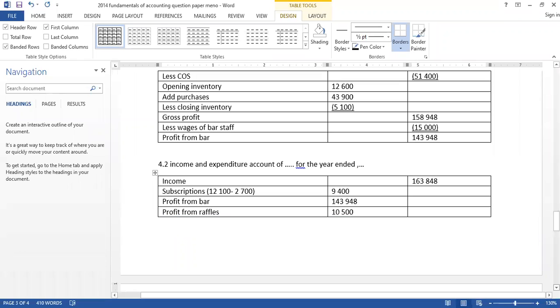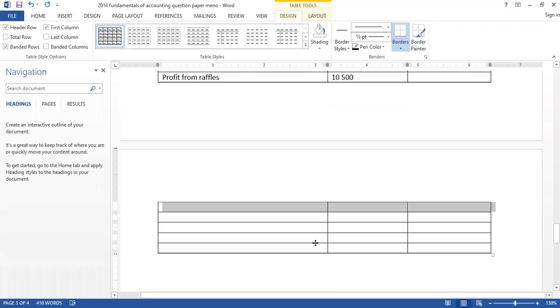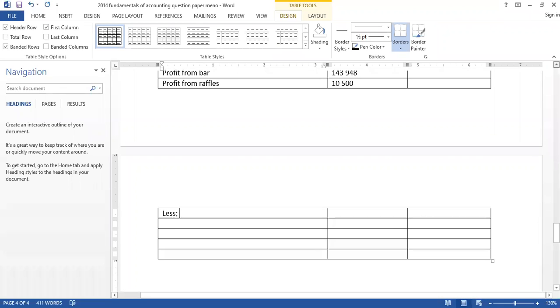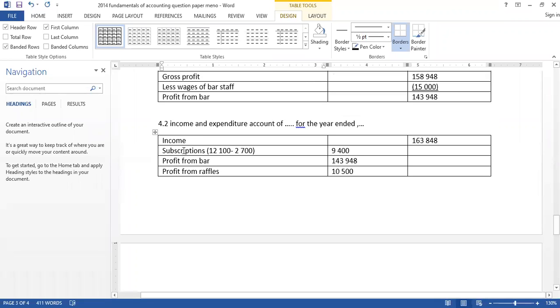we less the expenditures. We only have a prepayment at the subscriptions, and we say that the prepayments at the end of the year are subtracted.